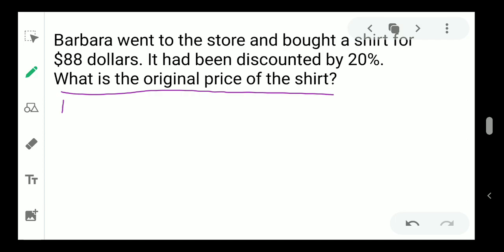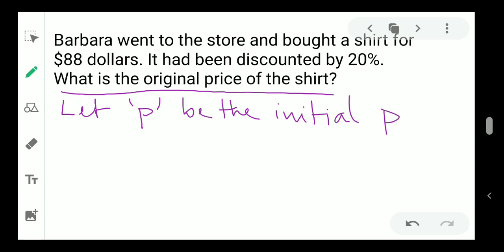So let P be the initial price. So P was the price as the starting point. Now most of you will say that, sir, the discount of 20% is the reference value. But see, there are two things given.